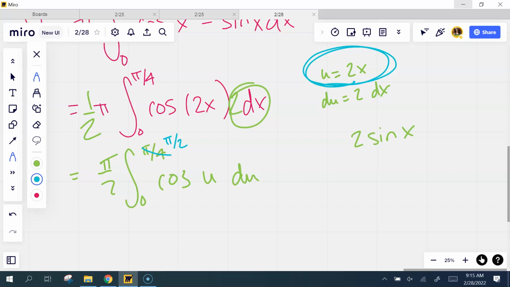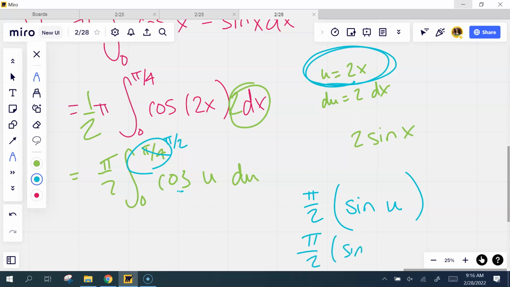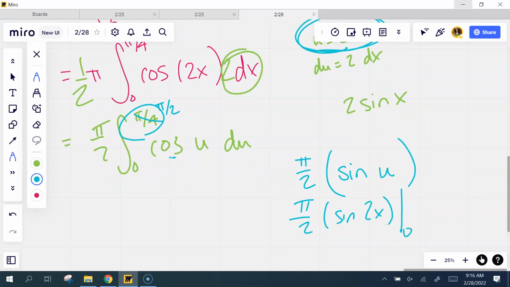The antiderivative of cosine is sine, right? So sine u, and I've got this pi over 2 on the outside. I can't just plug in pi over 4 and 0, because that's in terms of x. So what I'd have to do is pi over 2 sine of 2x, evaluated from 0 to pi over 4.